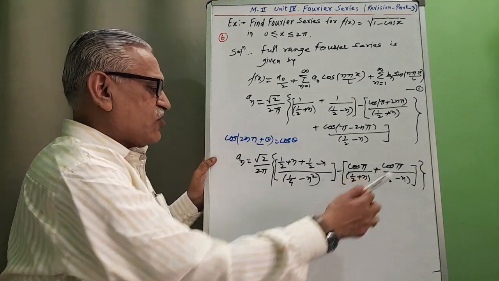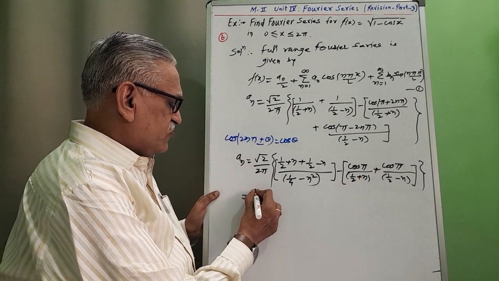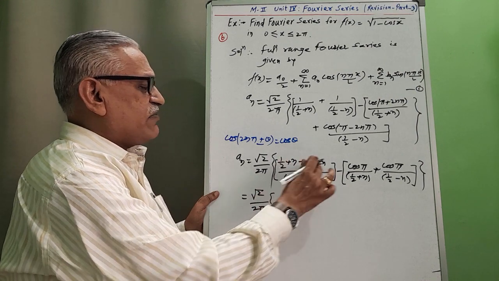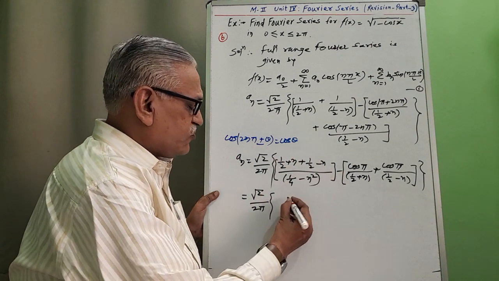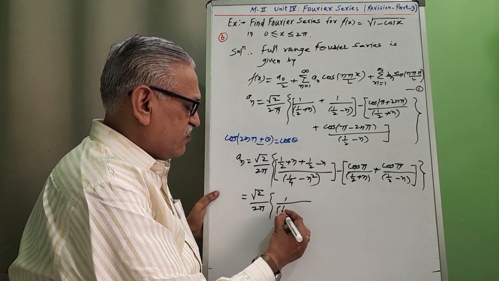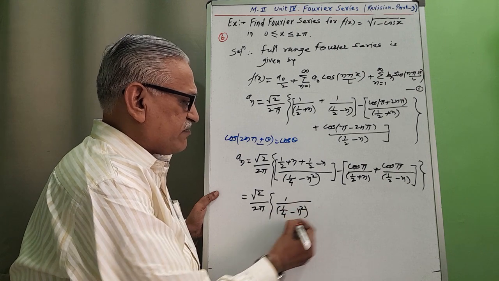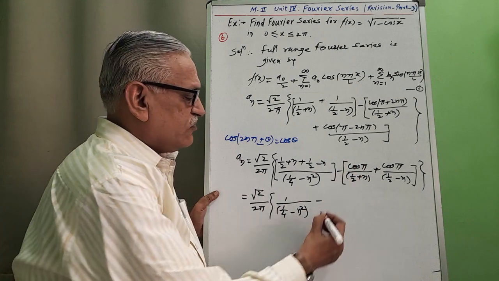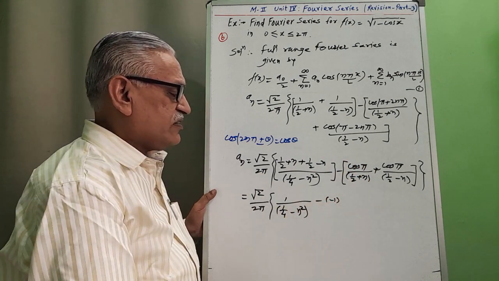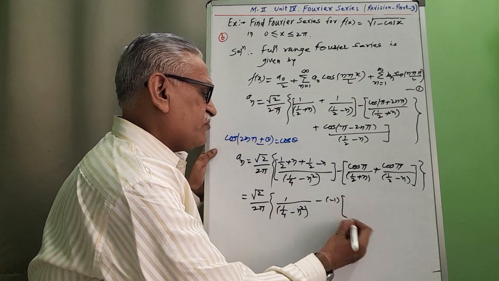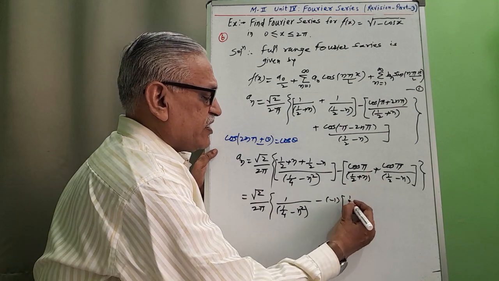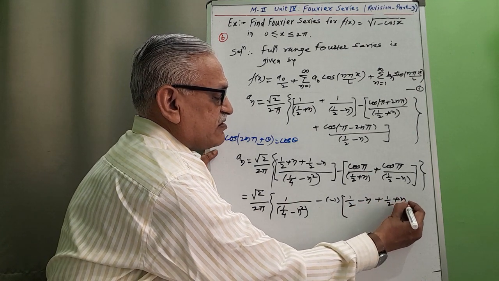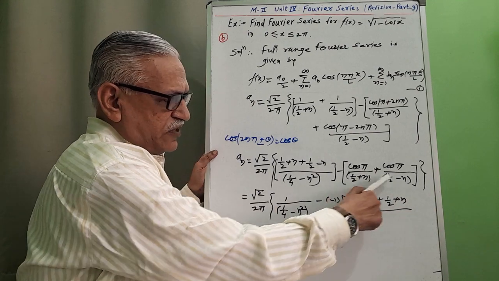From these two terms I can take cos π common, and therefore it is root 2 divided by 2π. n minus n gets cancelled. 1/2 plus 1/2 we get 1, divided by 1/4 minus n square, minus cos π. The value of cos π is minus 1, common into, again cross multiply, we get 1/2 minus n and plus 1/2 plus n, whole divided by a plus b, a minus b.